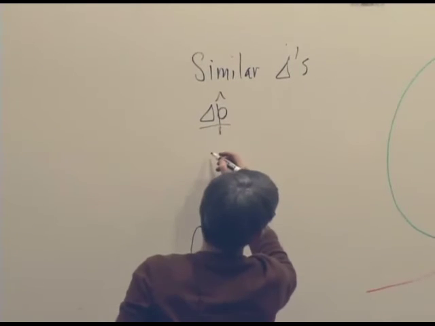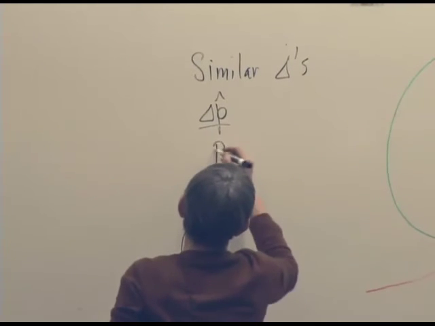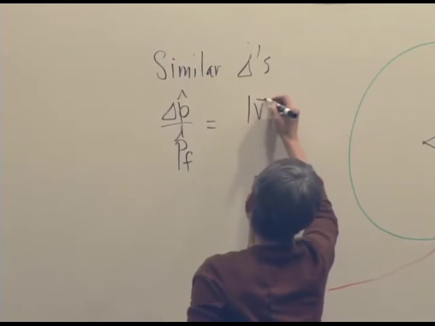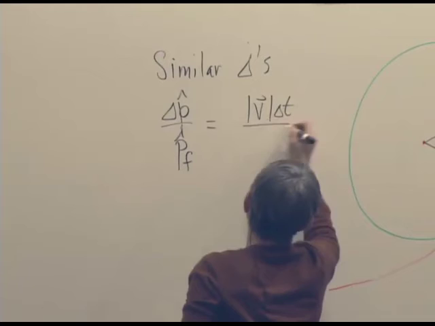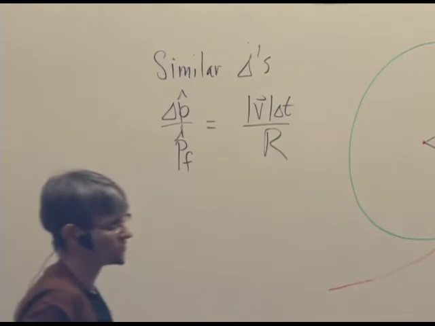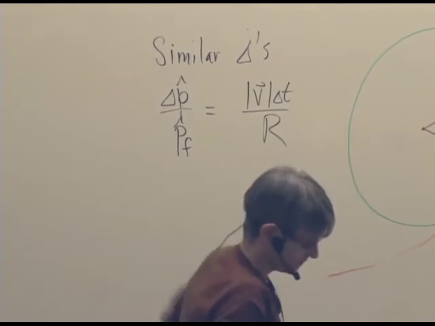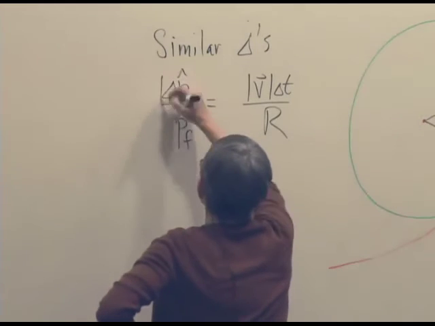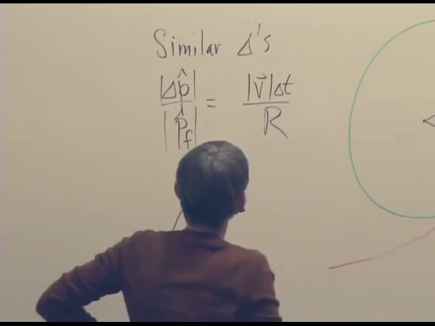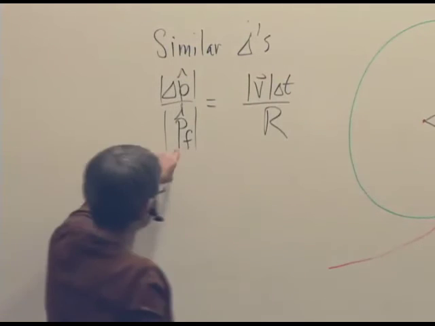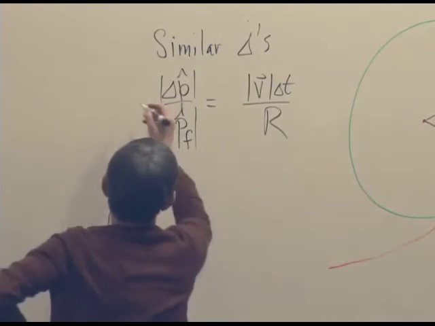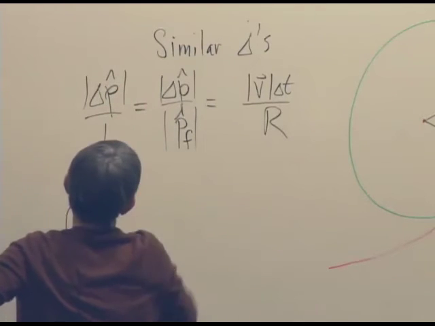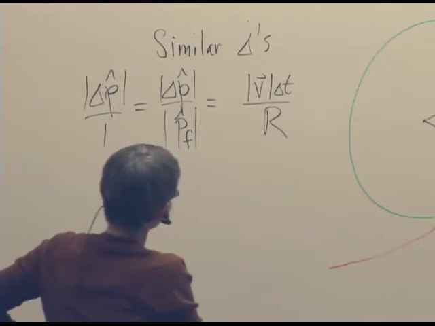So similar triangles, we get change in p hat over p hat final is equal to the speed times delta t over the radius of the kissing circle. These are going to be magnitudes, of course. The magnitude of p hat is just 1, so that's the change in p hat over 1 is equal to that.